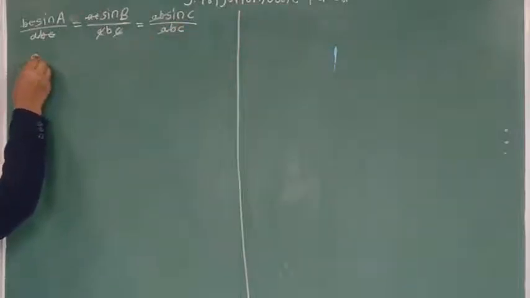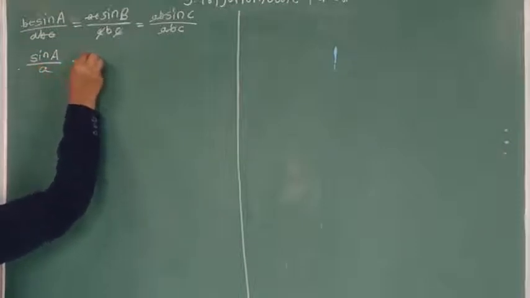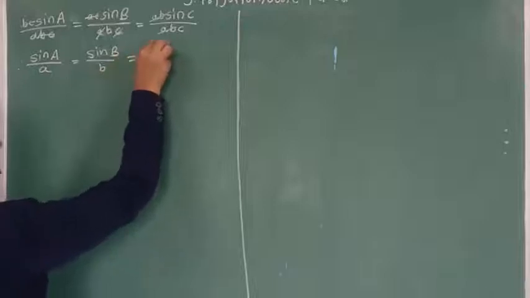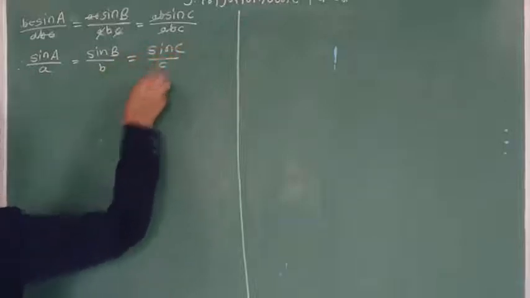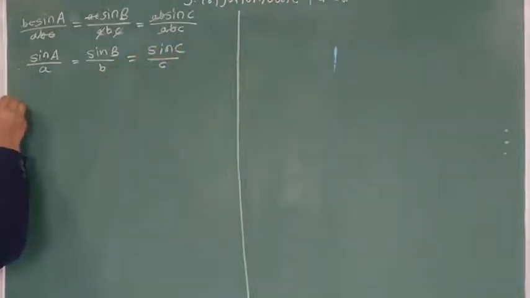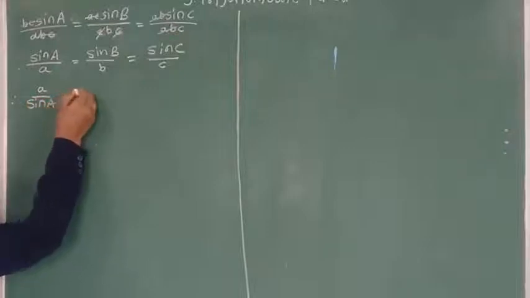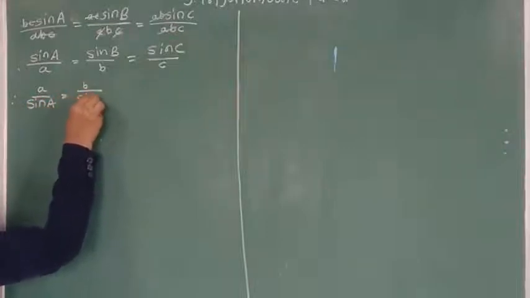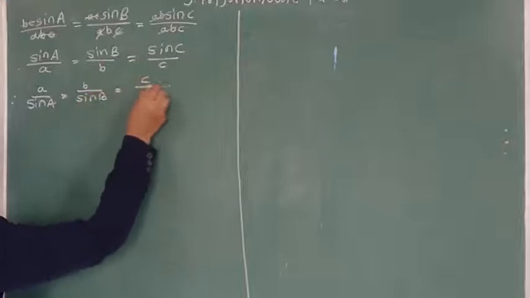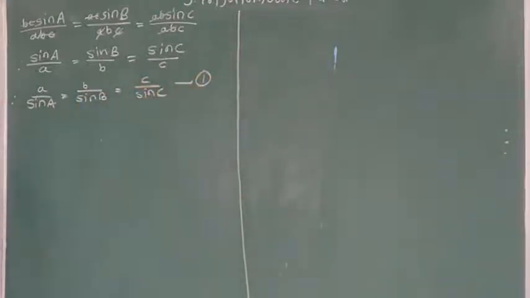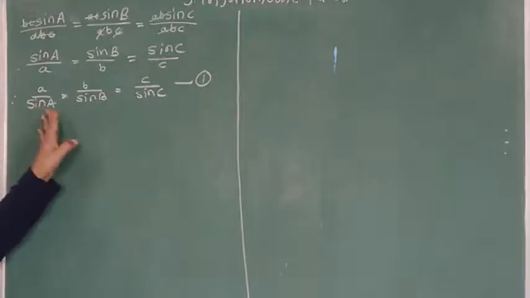So therefore sin A upon a is equal to sin B upon b is equal to sin C upon c. So we will take reciprocal. So a upon sin A is equal to b upon sin B is equal to c upon sin C. This is equation number first.